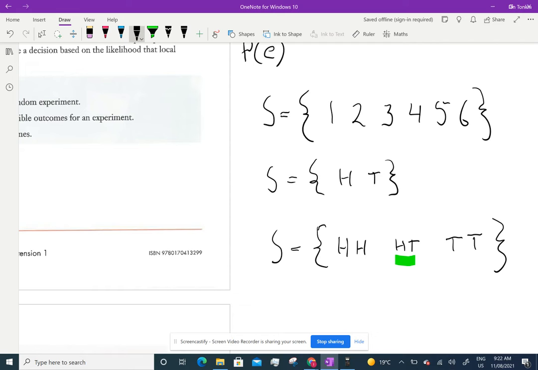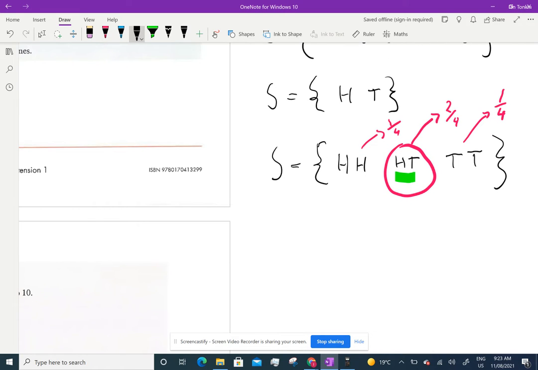Now, we know that the head and tail can happen in 2 out of 4 ways, because when we toss 2 coins, by the fundamental counting principle, 2 times 2 means there are going to be 4 things that can happen. If I was just counting the number of heads and tails, that is only 1 in the sample space, but it is twice as likely. So this is 2 in 4, this is 1 in 4, and this is 1 in 4. But the sample space remains the same.